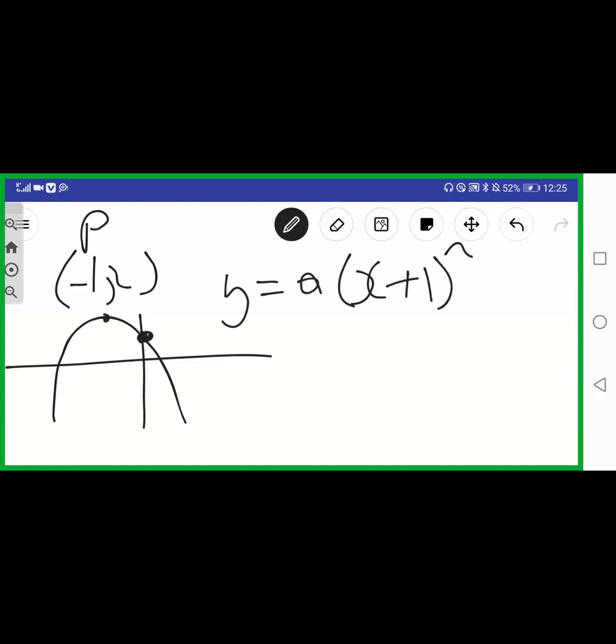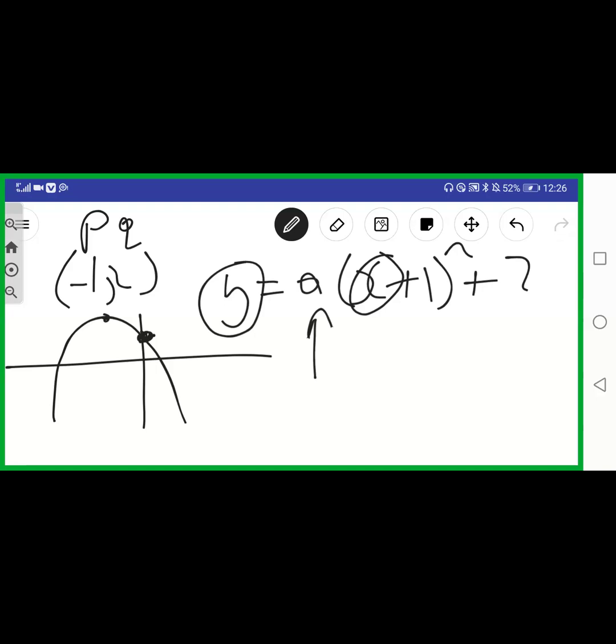And the q will be represented by the y of that turning point. Then you'll have a 2. You then use a random point to substitute your x and y in order to find the value of a. So this is how you find the value of a certain letter.